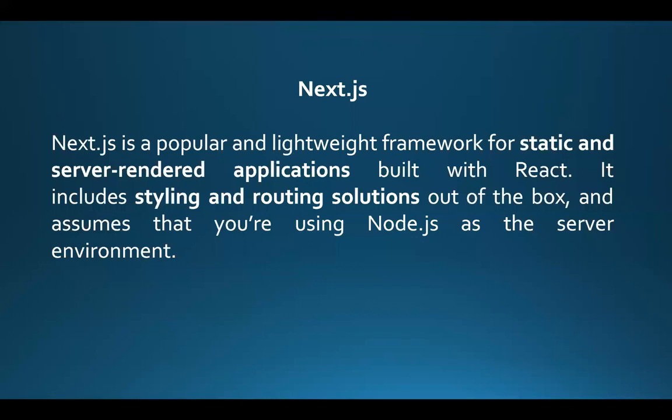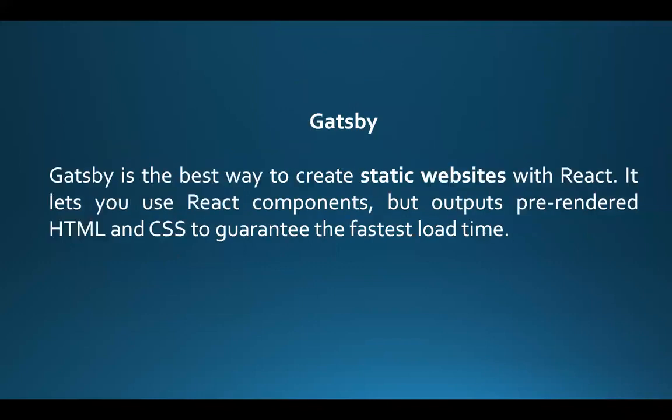Not only Next.js, you have Gatsby, which is for creating static websites using React. That means only React is not enough. In several projects, we need React in combination with other frameworks.